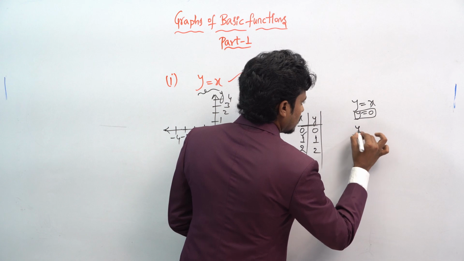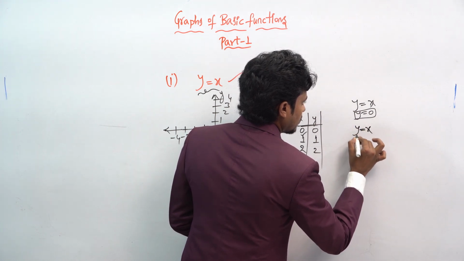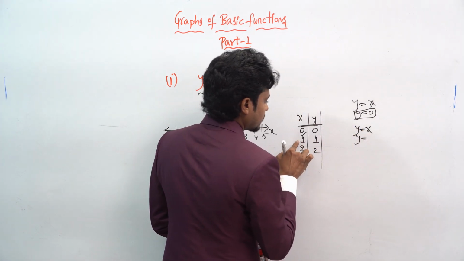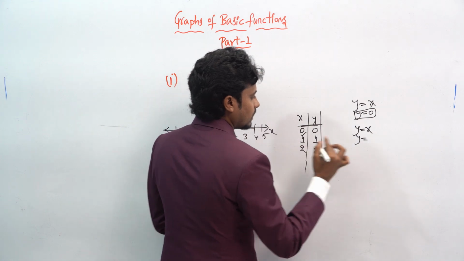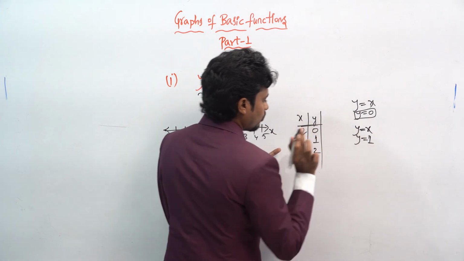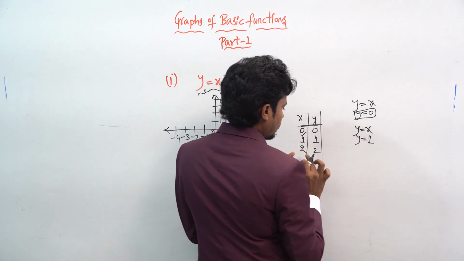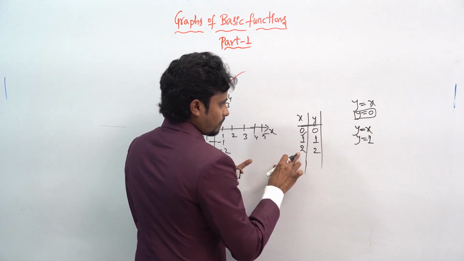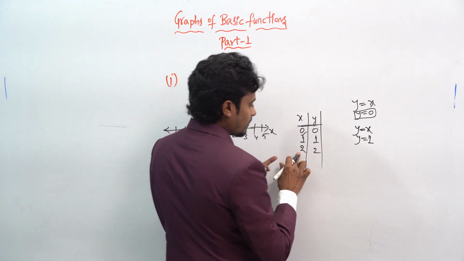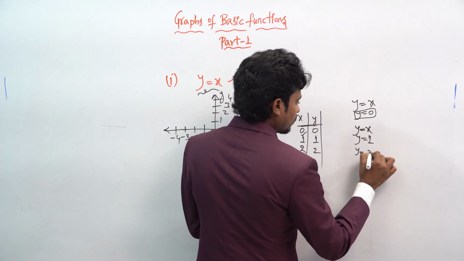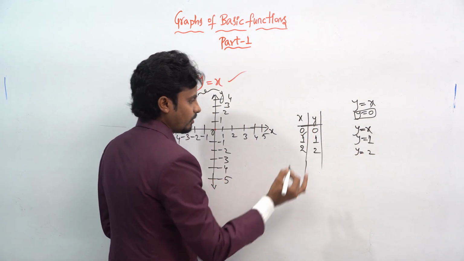So here you can see y is equal to x, replace the x with 1. What will happen? y is equal to 1. Next, replace the x with 2. What will happen? y is equal to 2. Okay, in this way we can do.